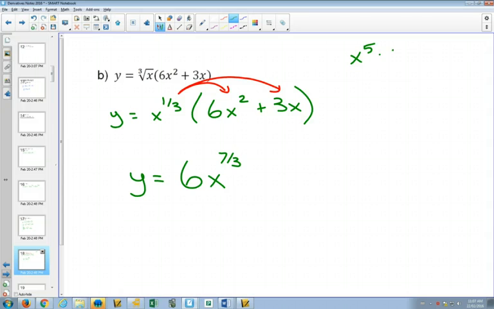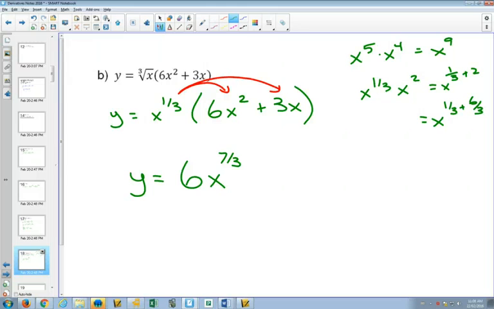It's much easier to see when you had nice numbers, like x to the 5 times x to the 4 is x to the 9. When you have fractions, the same rule applies, but now you have to think, well, how do I add 1/3 plus 2? I would need to get a common denominator, and then that would give me x to the 7/3.